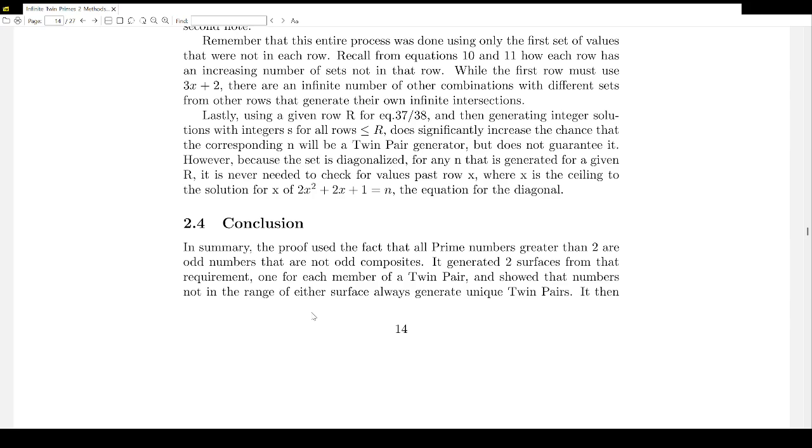So all you have to do is show that there's an infinite number of numbers that are not on the range of each of those two original surfaces. And that's what we did. We wrote down a third surface, basically built out of all the lines. We found lines that represent numbers that are on neither row of those surfaces. We chose the first line. We made a third surface that says, hey, all these numbers will not be on either of those first two surfaces.